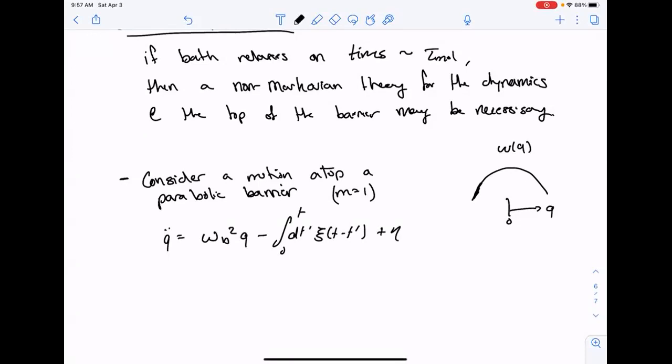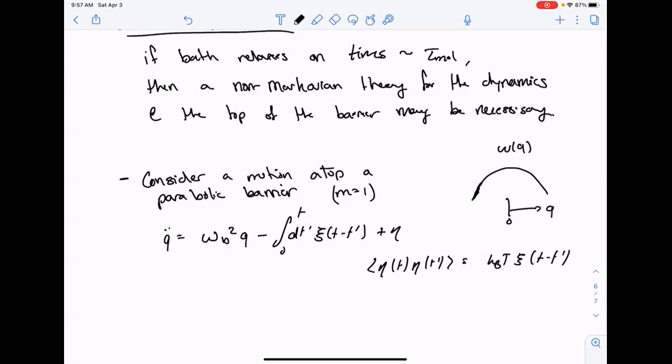And we have some random noise, which now has to satisfy the correlation function, like so.